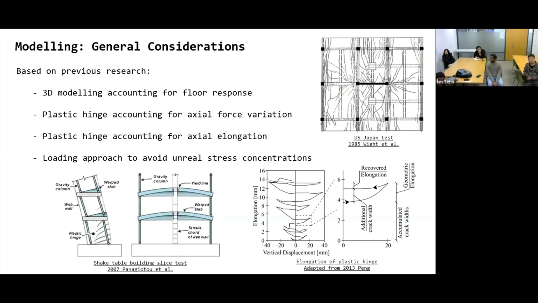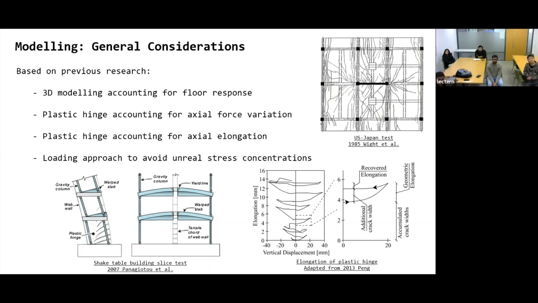And then second, that plastic hinge must account for axial elongation as well, which is a topic that is not really modeled and is not the concern of anyone. Only the New Zealand standard has some clauses for elongation of different elements, but not the rest of the world. But we knew that was a really important thing.